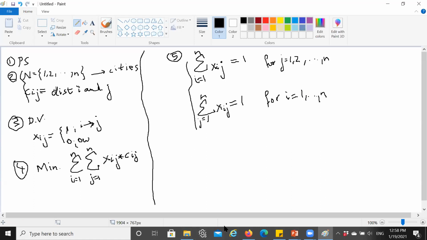Is it clear? Can I ask here? Yes, sir. Isn't the second condition redundant? I mean, if we visit only once, it is obvious that we can leave it only once. Or what is the guarantee physically that if you enter a city once, you leave it?